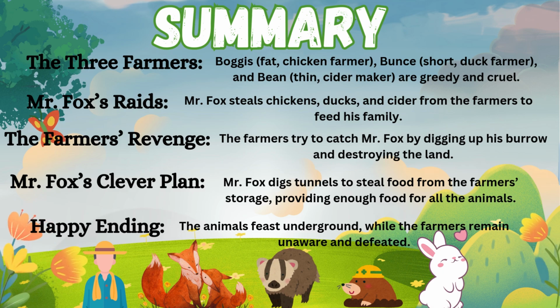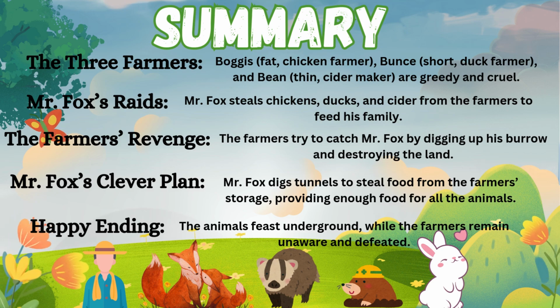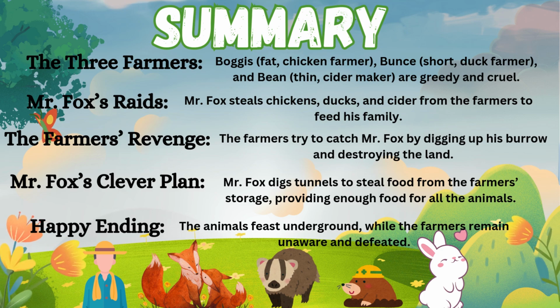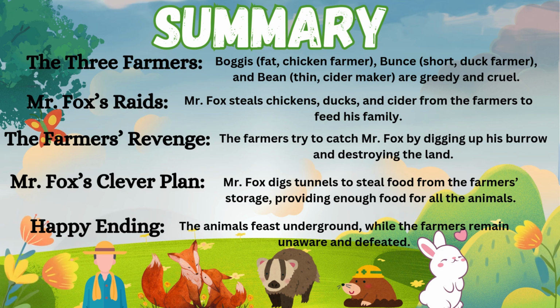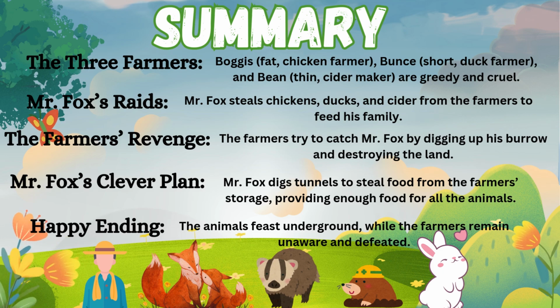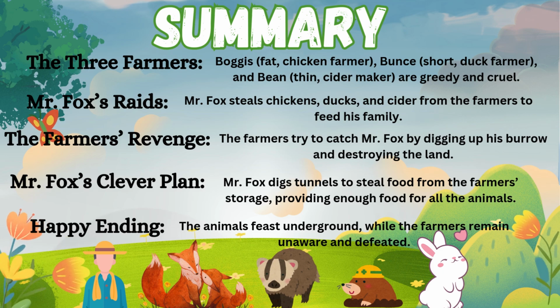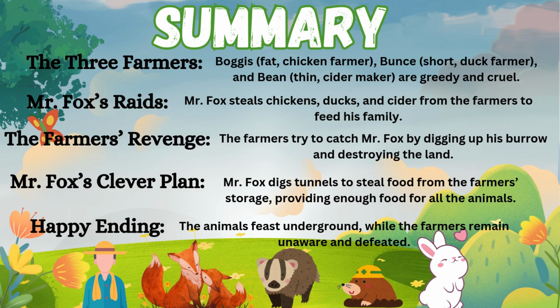They decide to live permanently underground, safe from the farmers' reach. Meanwhile, Boggis, Bunce, and Bean remain stubbornly sitting outside the burrow, still hoping to catch Mr. Fox, but little do they know, he has already outsmarted them and is living happily with his family and friends.